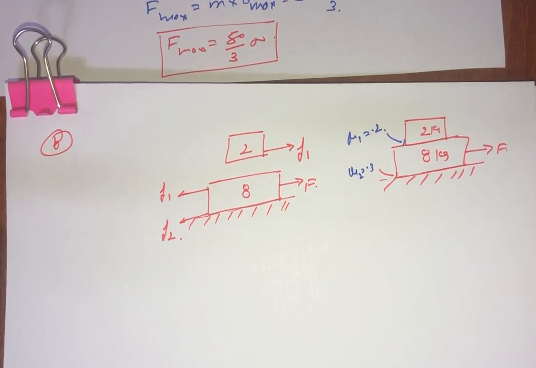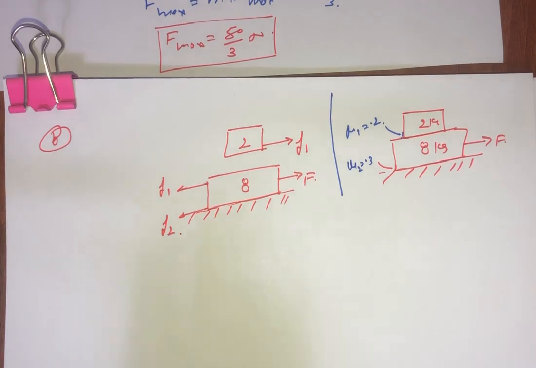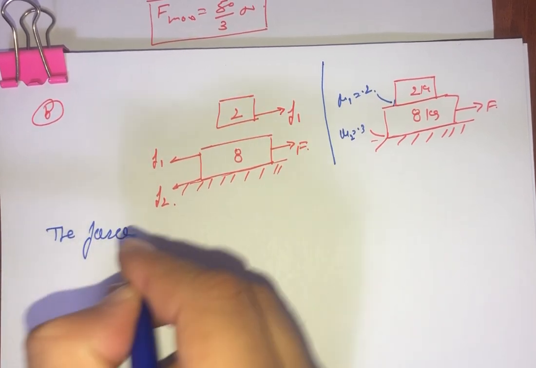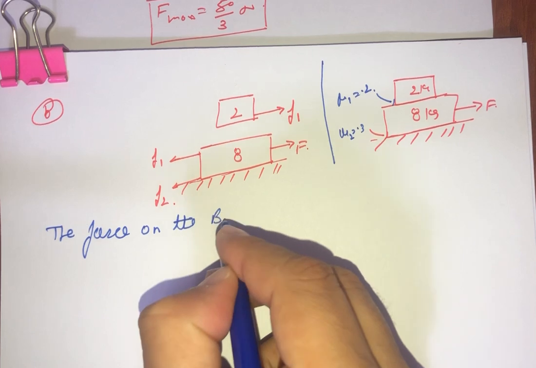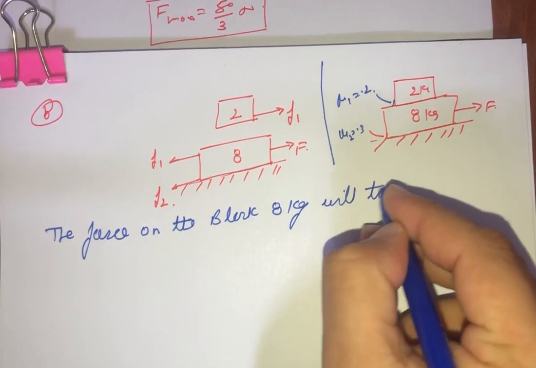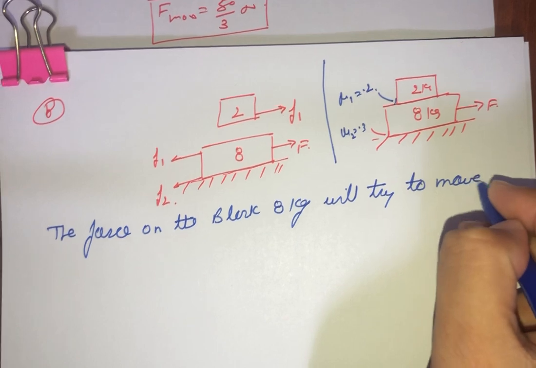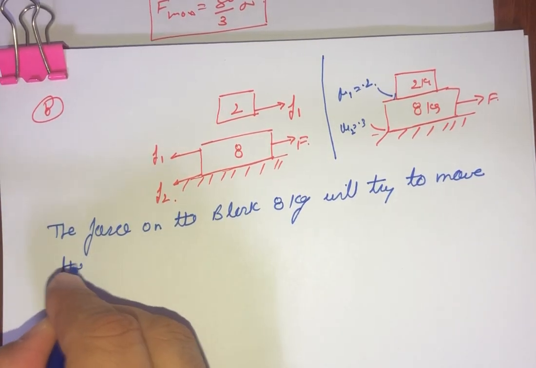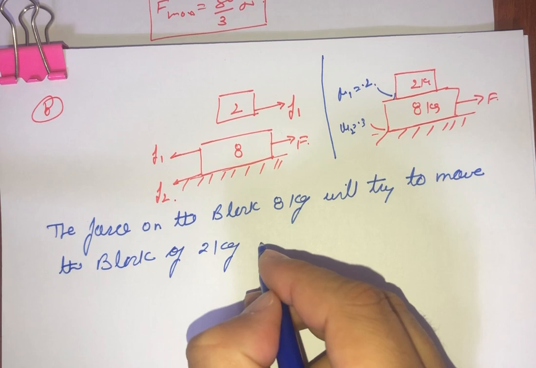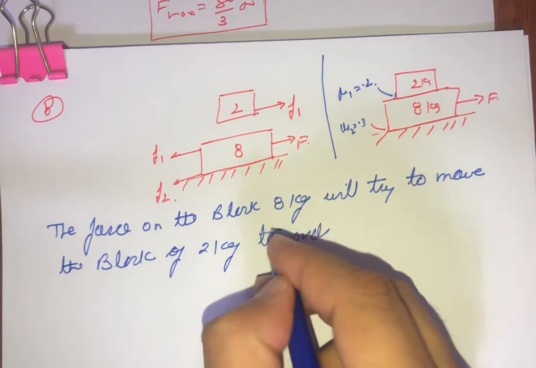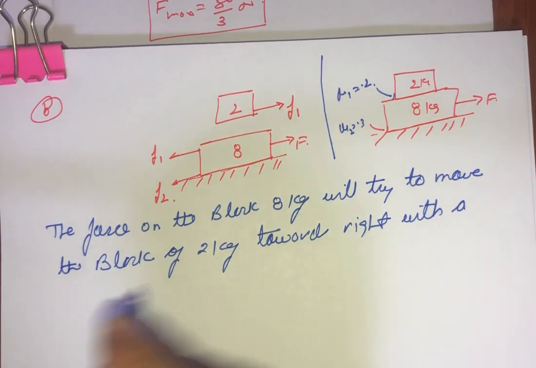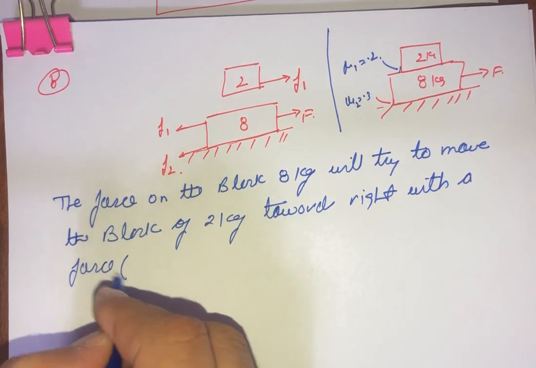We can say that the force on the 8 kg block will try to move the block of 2 kg towards the right with a force, and that will be nothing but the force of friction.